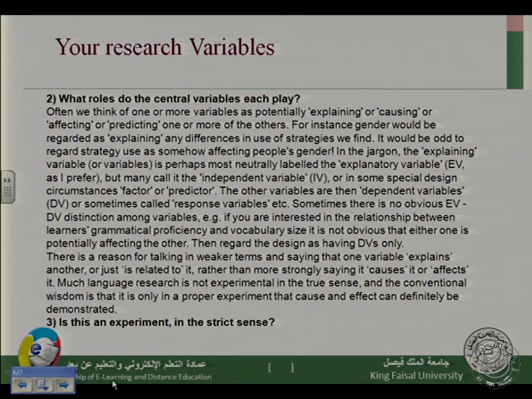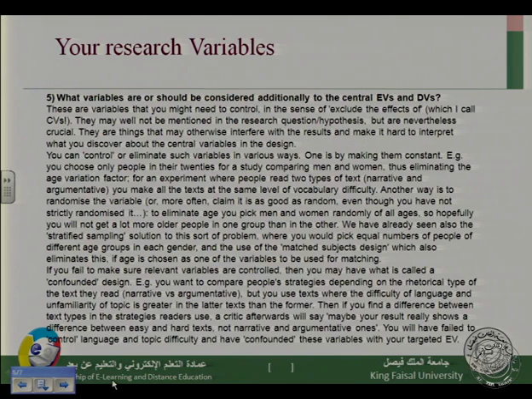It's experimental in a sense, as we are going to see in a minute, if we have, for example, an intervention, like the example of computers. I want to experiment using computers and their effect. But how about attitudes? I want to measure students' attitudes. It's not an experiment. It's called a study. So this is the difference between an experiment and a study. Is this an experiment in the strict sense? I answered this earlier.